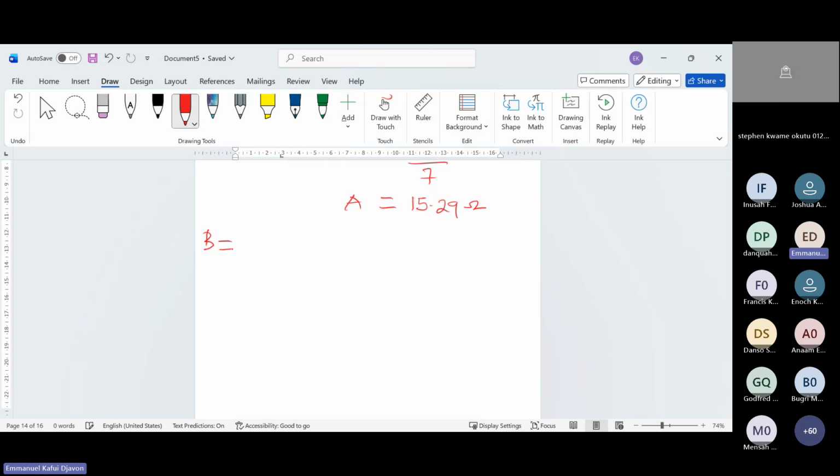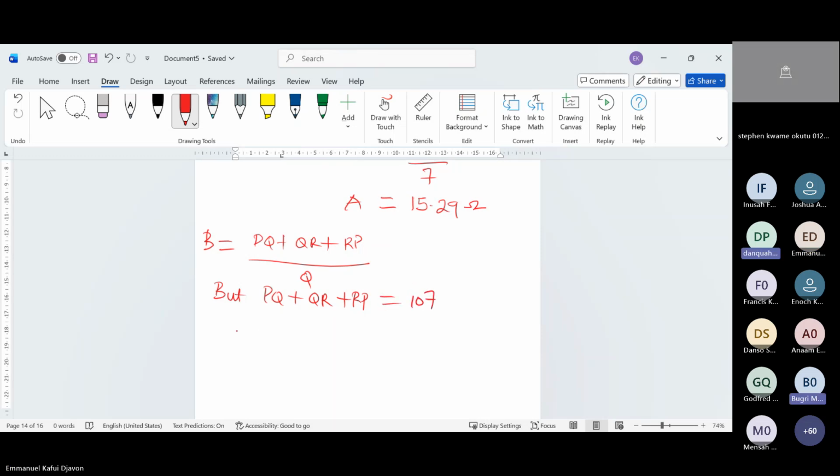So B will be equal to PQ plus QR plus RP all over Q, but PQ plus QR plus RP is equal to 107. Am I right?